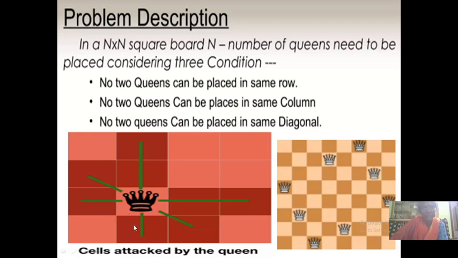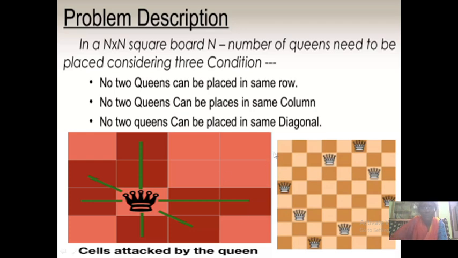Next, when I try to keep it here, the condition cannot be satisfied because two queens are in the same column. And when I try to keep it here, again two queens are in the same diagonal, so that condition also has to be considered. When I try to keep it here, it can be kept because none of the three conditions is violated, so we can place it here.